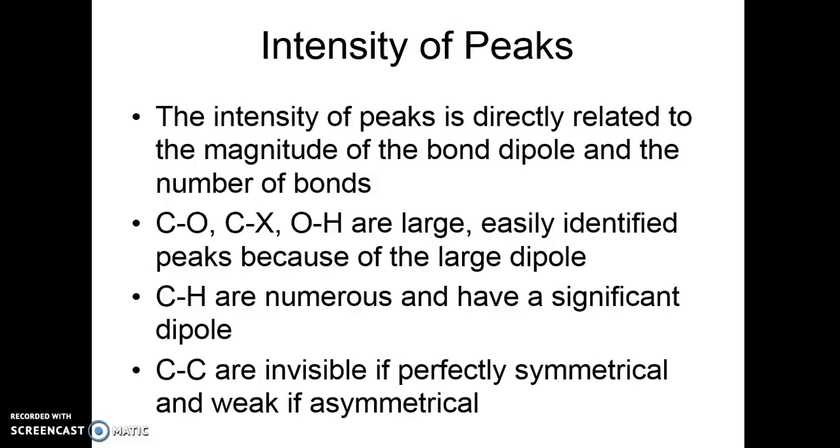A lot of carbon-carbon bonds are invisible or have tiny peaks because of the lack of polarity. But the carbon-oxygen, the carbon-nitrogen, carbon halide, oxygen-hydrogen, and the nitrogen-hydrogen bonds have a huge dipole, and so they make really large intensity absorptions for just one bond. And so those are helpful in identifying functional groups.